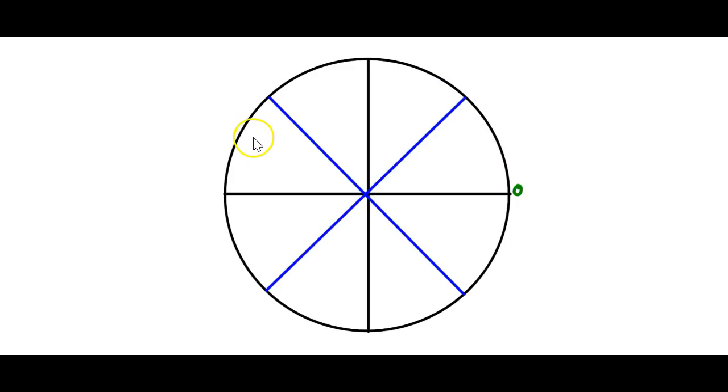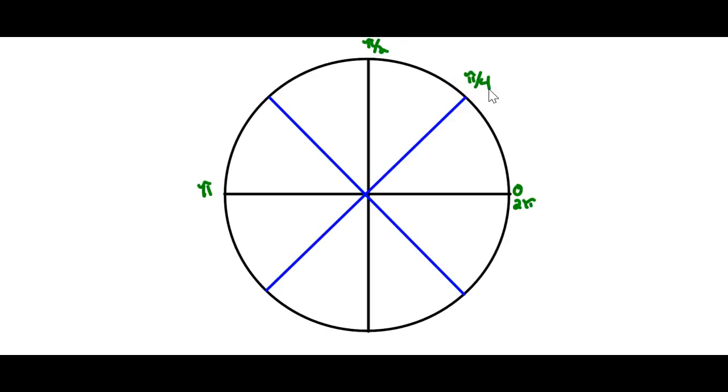If I go all the way around the circle, it would be 2 pi radians. Halfway to 2 pi is pi radians. Halfway to pi is pi over 2. And halfway to pi over 2 is pi over 4.